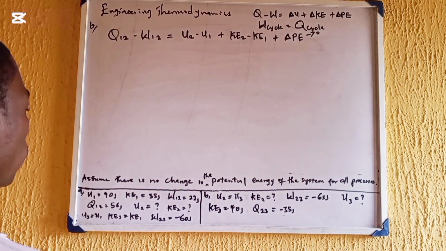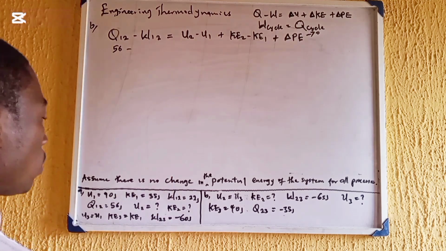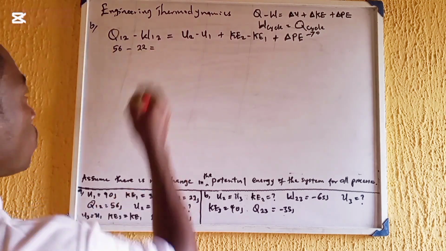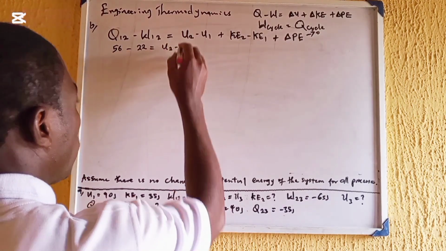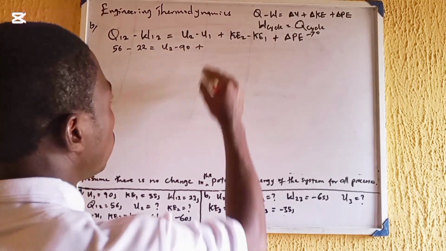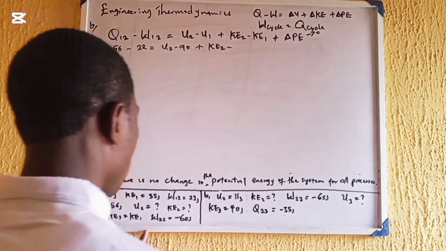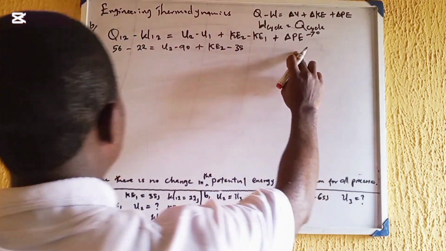Now, what do we have? Q12 56 minus W12 22. Then U2, we don't know U2. We're having U2 minus 90 plus KE2, we don't know KE2, KE2 minus 35. This is 0, so there's no need for it.